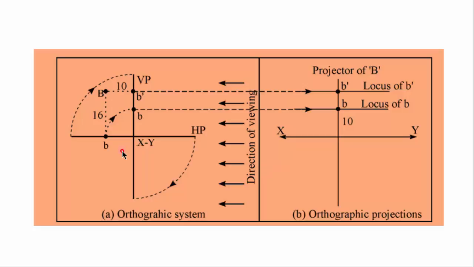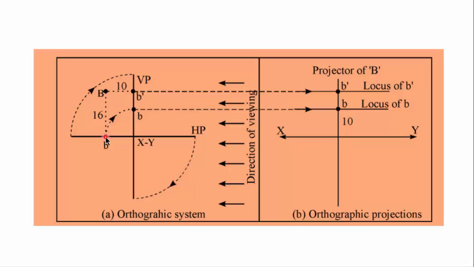Now let us apply the same procedure to the points in various quadrants. Look here, this is point B. It is 16 mm above HP and 10 mm behind VP. Here we get elevation of B, that is B dash, and here we get plan of B, that is b.